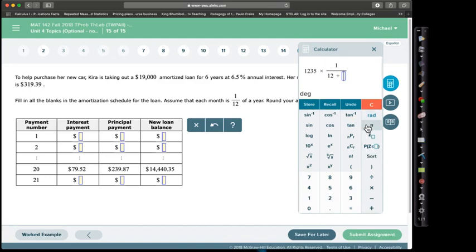And we just hit enter. There's our interest payment, $102.92 rounded up.